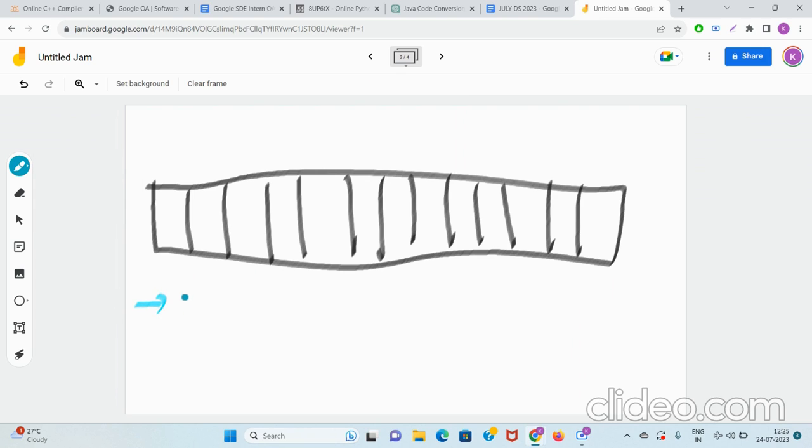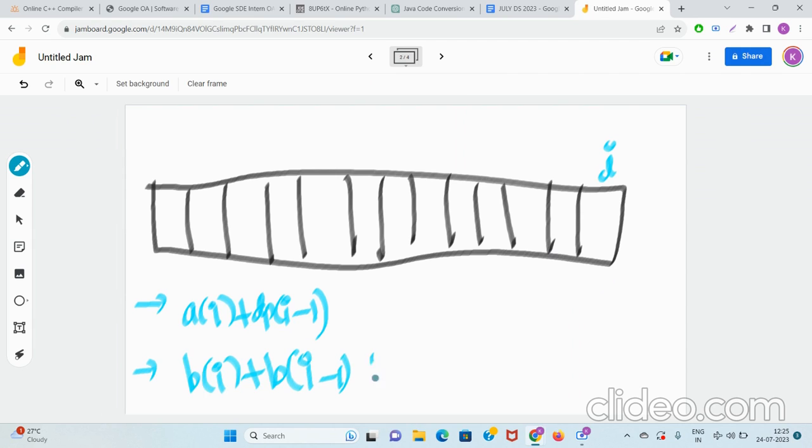One possibility was that for the ith index, it is A of I plus dp of I minus 1: the best answer from 1 to I minus 1, and the last part you are taking individually, so A of I. Then another option was B of I plus B of I minus 1 plus dp of I minus 2. In the next option, you take these two elements, their answer, and you fix the answer of the 1 to I minus 2 elements.